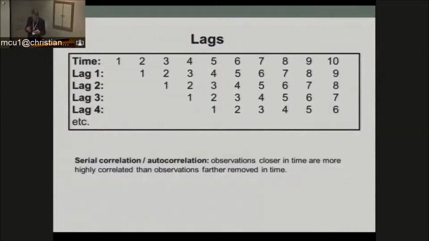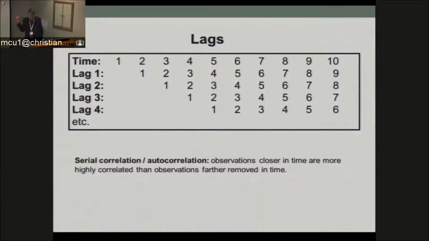So to understand that, we need to understand the concept of lags in time series. So you have your time points, I'll just lay out time 1, 2, 3, 4, 5, and so on. When we talk about lagging the time series, lag 1 is correlating time 1 with time 2, 2 with 3, 3 with 4, 4 with 5, and so on.